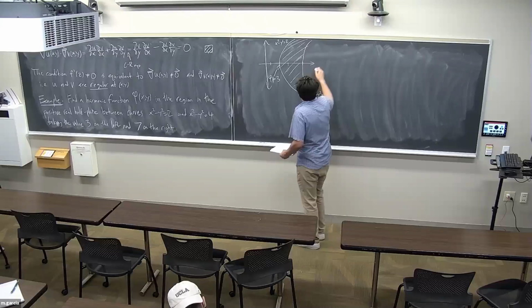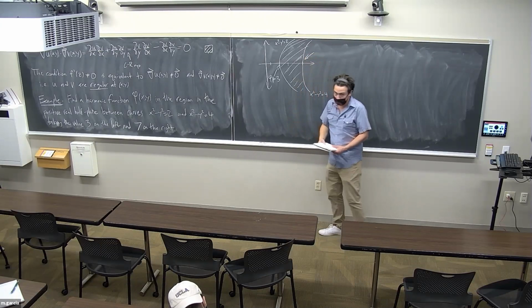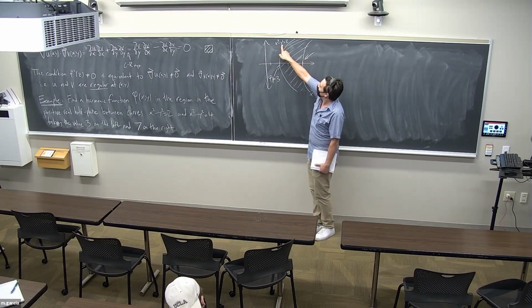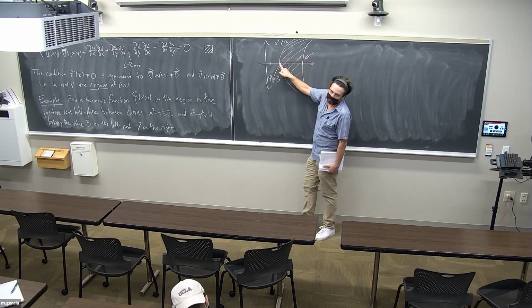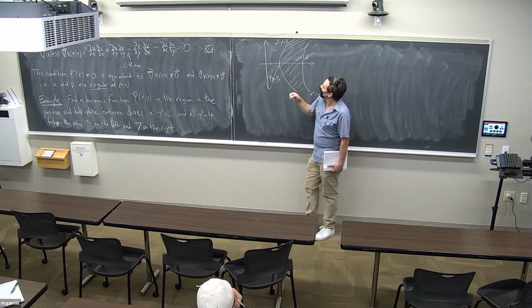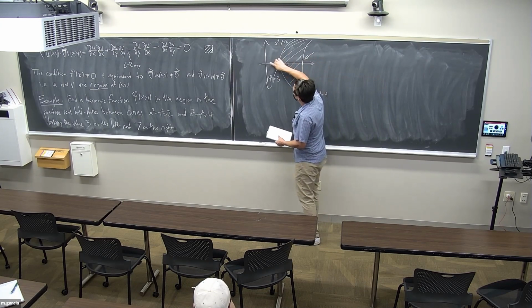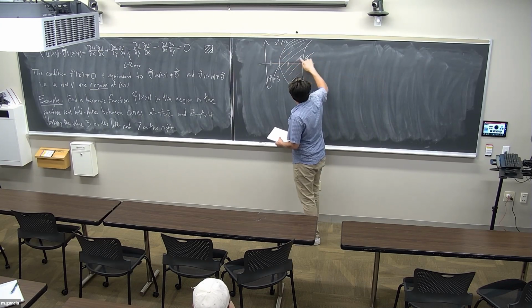Okay. What is the interval that you're marking on the x-axis? So this is where this curve intersects the x-axis, right? Root 2. So let's see. Should be root 2, huh? Yeah, you're right. My tick marks are meaningless here. Sorry.